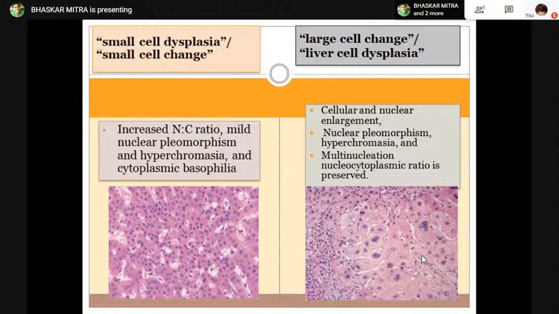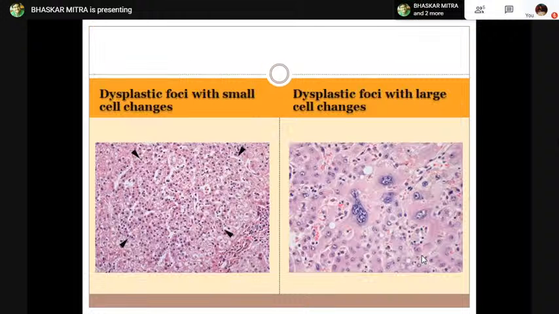Now, this is again a dysplastic foci with small cell changes. Look at this, these are the normal hepatocytes, but definitely here the hepatocytes are smaller, and the nucleus is more prominent compared to this. So this is the small cell change or dysplastic foci. Again, this is a dysplastic foci showing large cell changes. So we have to appreciate this. In my last class, sir has importantly commented on this.